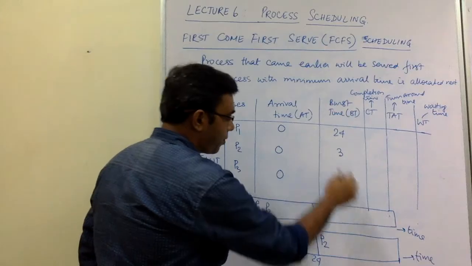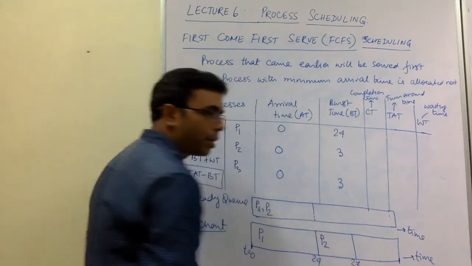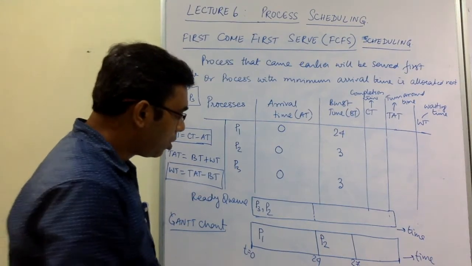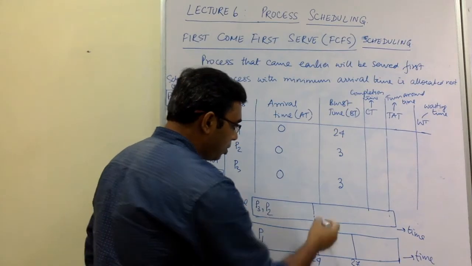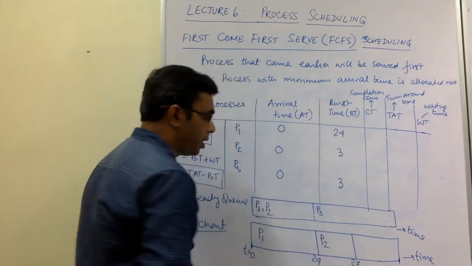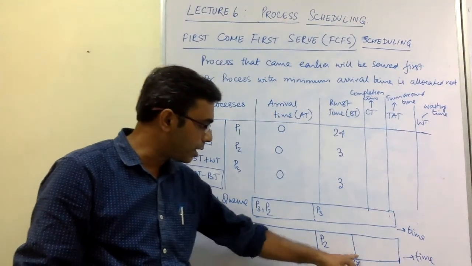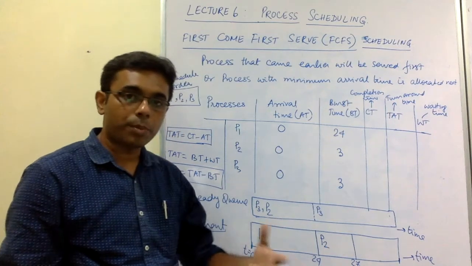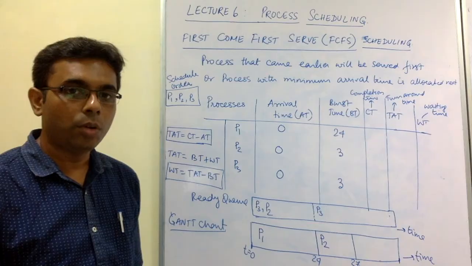P2 takes 3 units of time, so it finishes its execution at 27. When P2 started executing, there was only one process, P3, in the ready queue. At 27, again a process terminated, so it's time for the scheduler to come in.